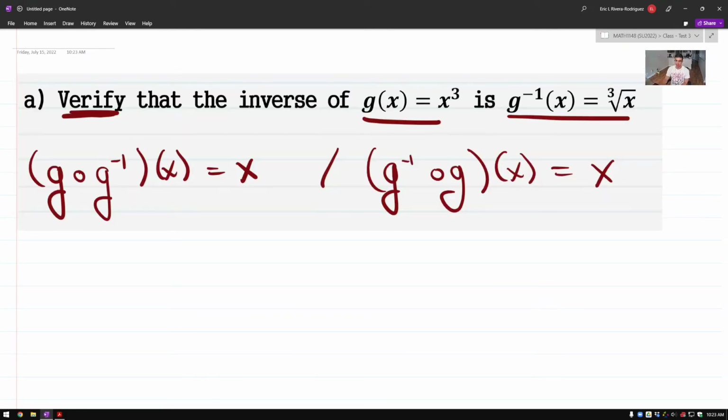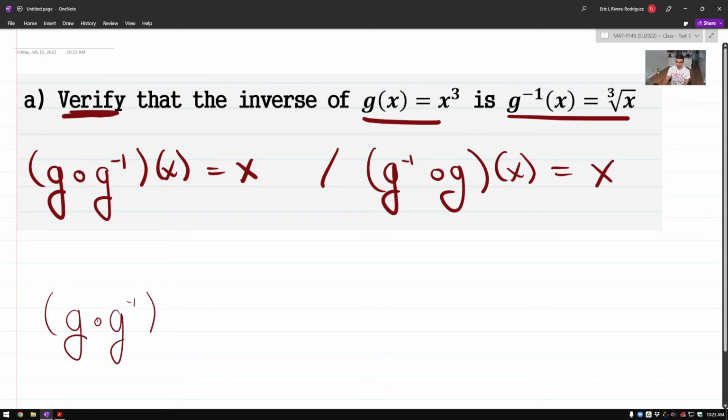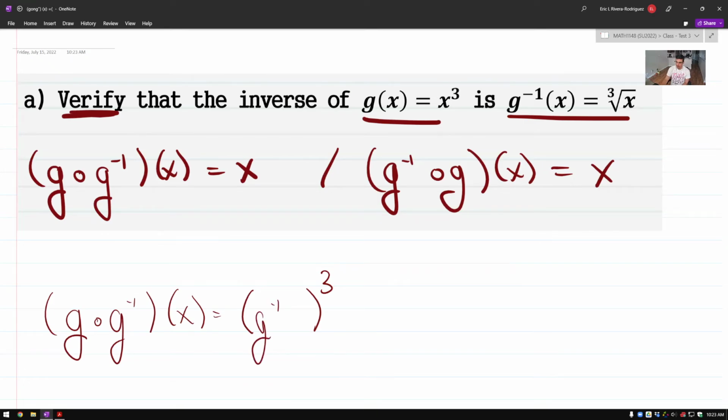So those are the conditions. Let's start with checking that these two are inverse to each other. We are going to start with the left side condition that we have here. That is the declaration: g composed with its inverse equals x. Then I'm going to use the equations that we have here. We have x to the power of 3, but now instead of x, I'm going to use the g inverse of x.